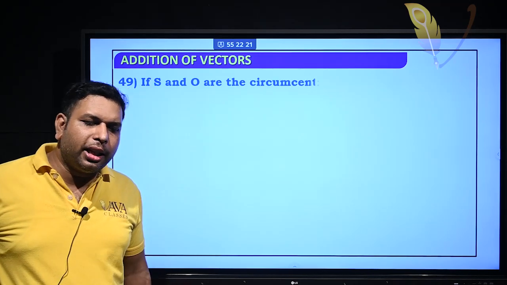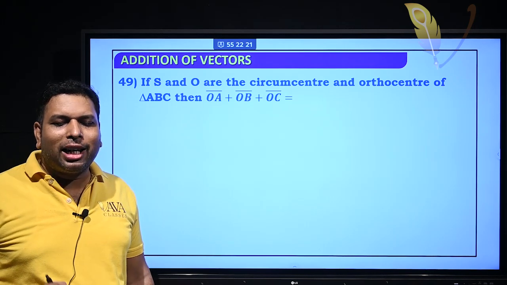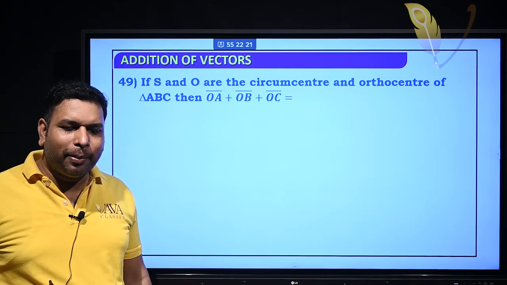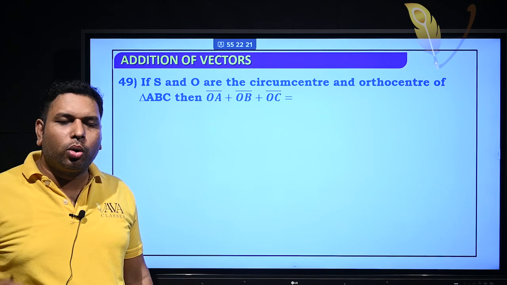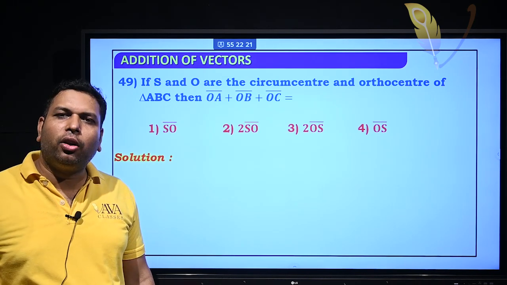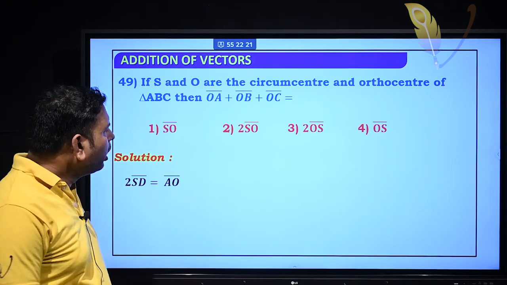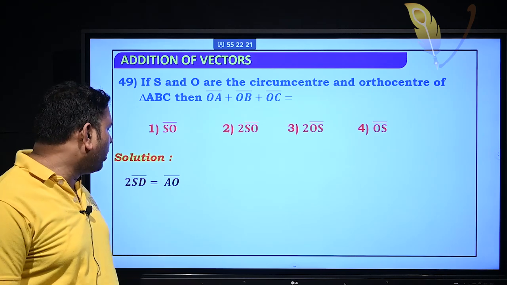Now question number 49. If S and O are circumcenter and orthocenter of triangle ABC, then OA plus OB plus OC equal to first, second, third, fourth. These are the options, students. Now solution. 2 times SD equal to AO.